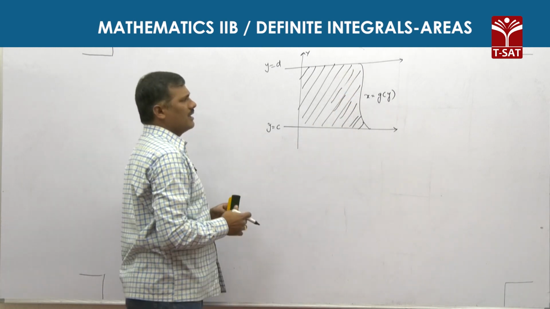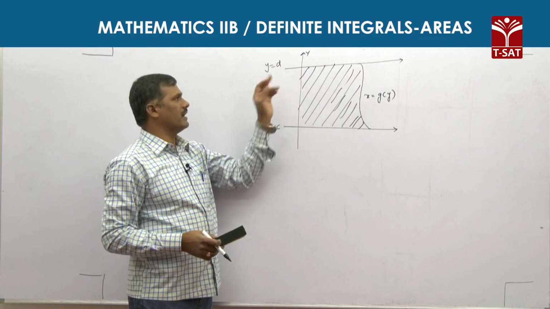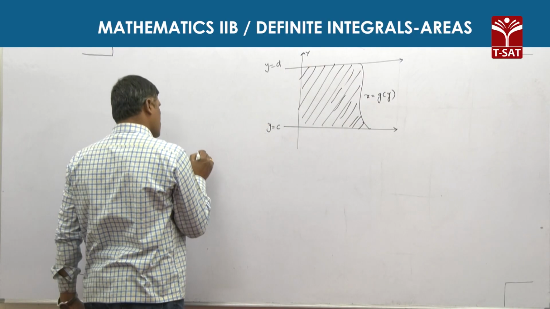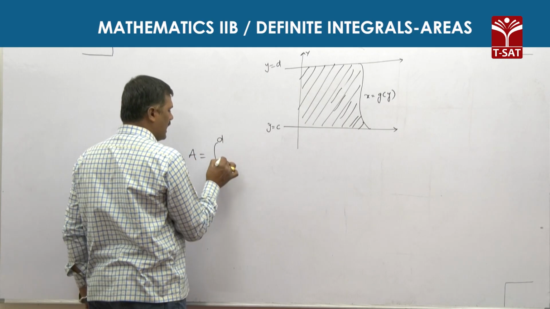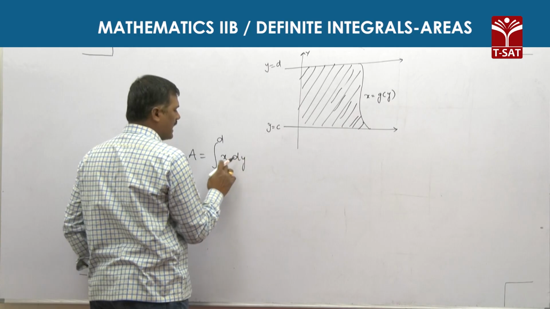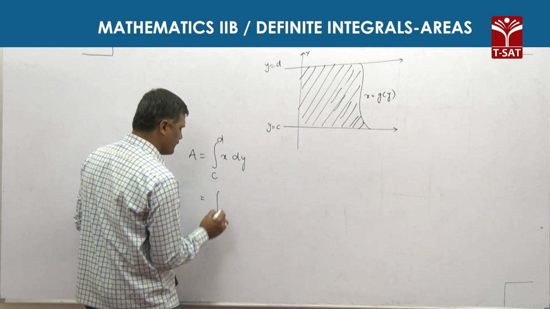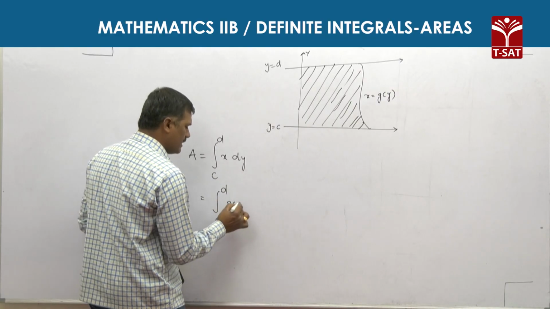This can be written as area A is equal to the integral of c to d of x into dy, where x is a function in the variable y, that is the integral of c to d of g of y into dy.